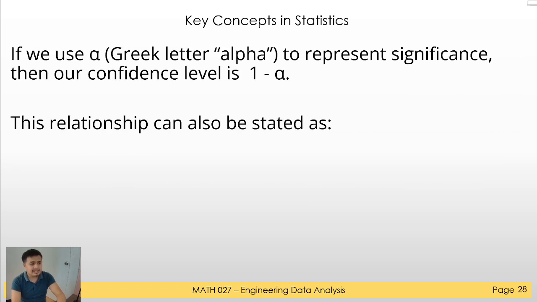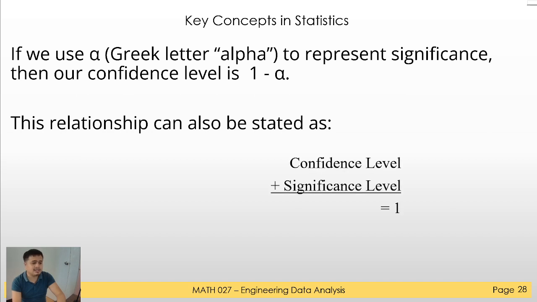If you add these two measures, the confidence level and the significance level, you will get 1. So 0.95 plus 0.05, you will get 1. All the time, they are unitary complements. If you add those two, you will get 1, or 100% in percentage.